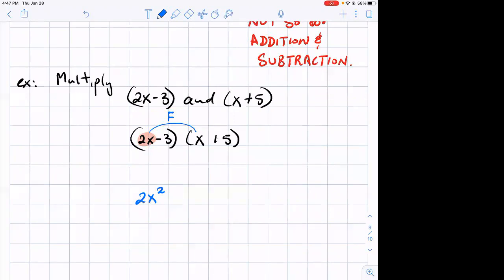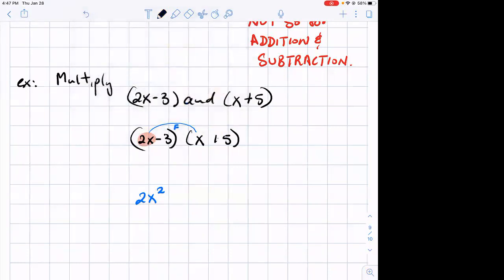And then we continue again. Take the first term and distribute to the second term, and that's where we have the O. I'll put the F here.